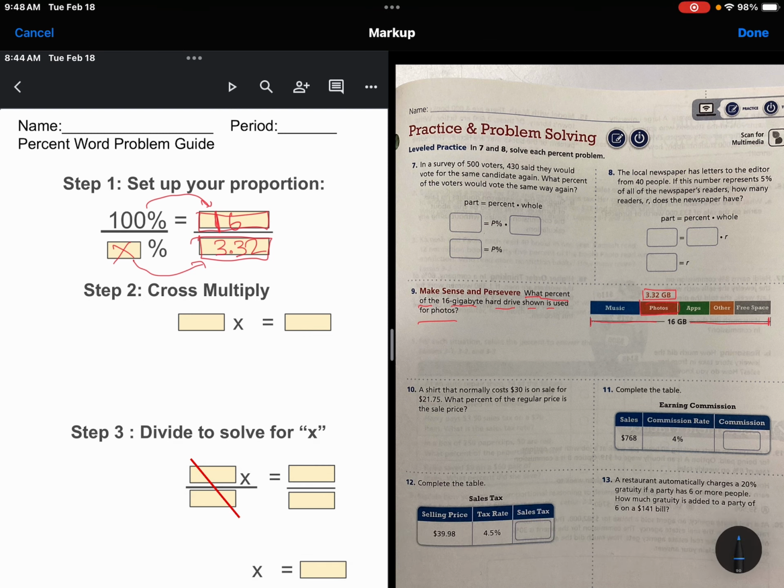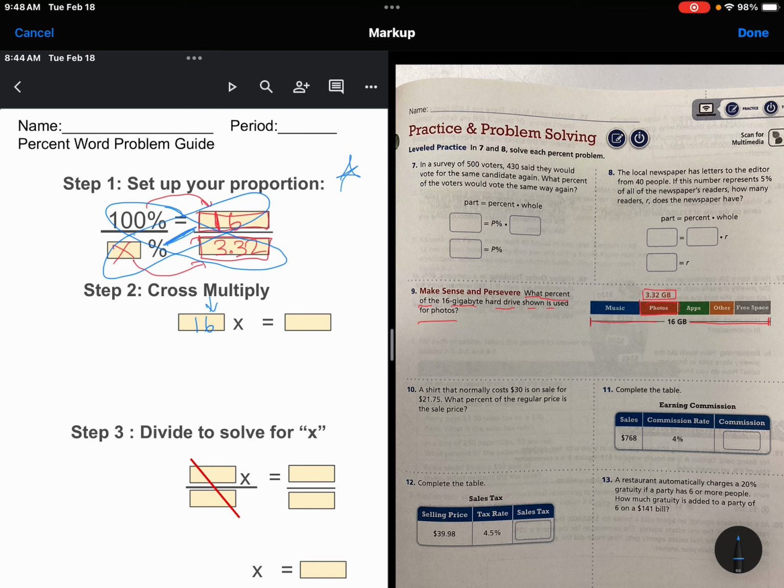Step 2, cross multiply. I take my 100 and my 3.32, and I take my 100 and my 16 here. All right, cross multiply. So I'm gonna start with the X here because that's my first step. So X times 16 will be equal to 16X. Good. And now 100 times 3.32. Use the reverse side of this little sheet to multiply.